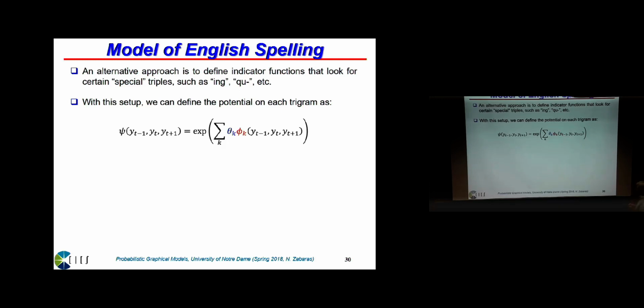Theta_k are the corresponding parameters. So this function is a binary function that can take the value 0 or 1. This way you can identify certain patterns, for example for triplets, if you have a word ending in ing or something similar.